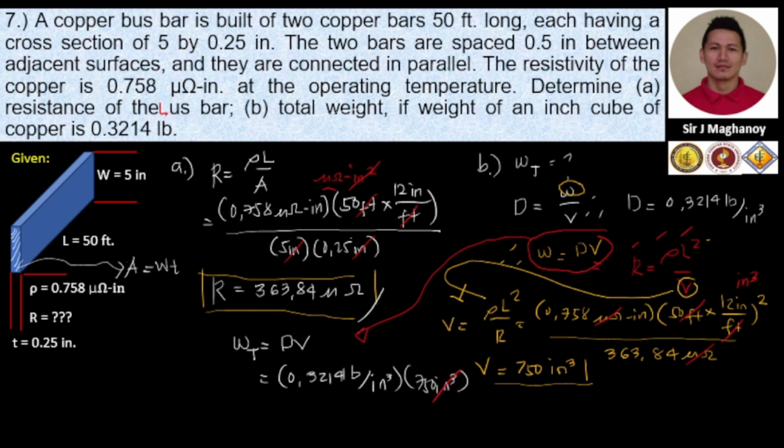The cubic inch will be cancelled out. The remaining unit is in pounds. Okay, so finally, the total weight is equal to 241.05 pounds. Okay, so that is the value of our weight.